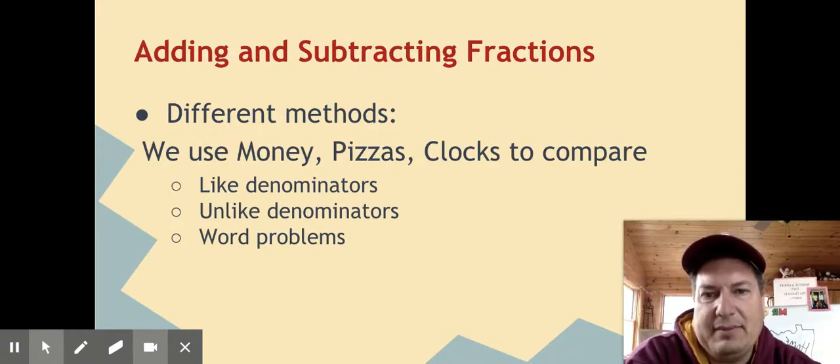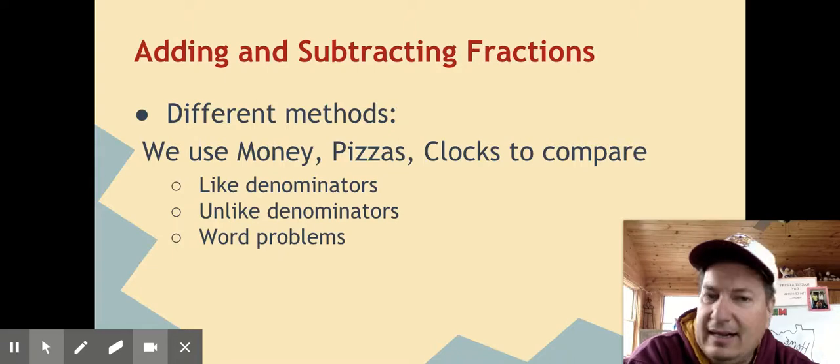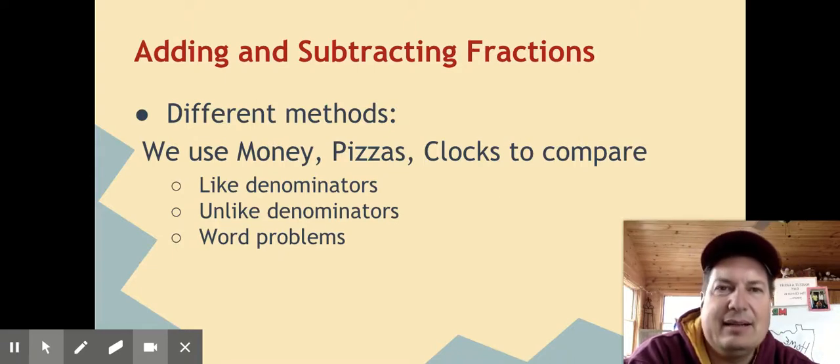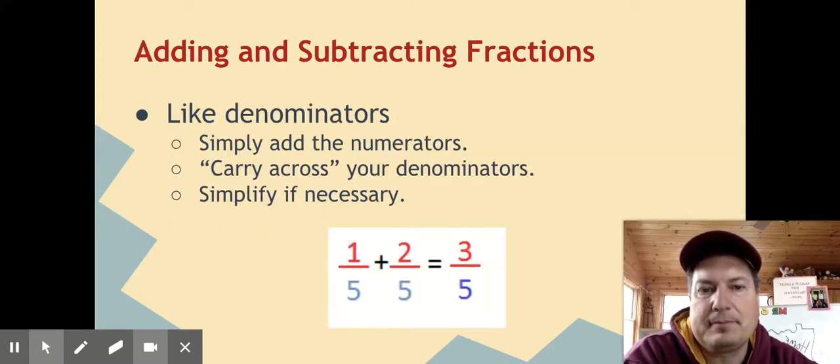Adding and subtracting fractions. And we've been using money, pizza, clock fractions, things to compare. We would like to have like denominators. Unlike denominators give us confusing work and confusing answers. And of course, in word problems, it gives us its own unique challenge when you put the context around the fractions.